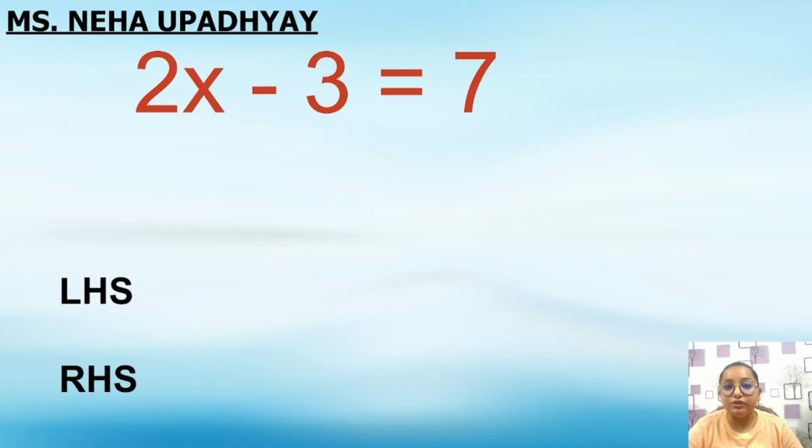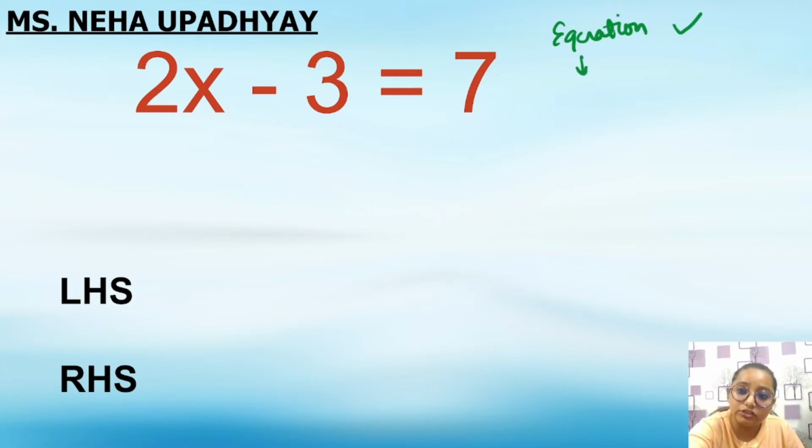Moving forward, we will see what this is. This is 2x minus 3 equal to 7. Now is this an equation or not? Yes, this is an equation, ma'am. Is this equation in one variable? Yes, ma'am. And is this equation linear?